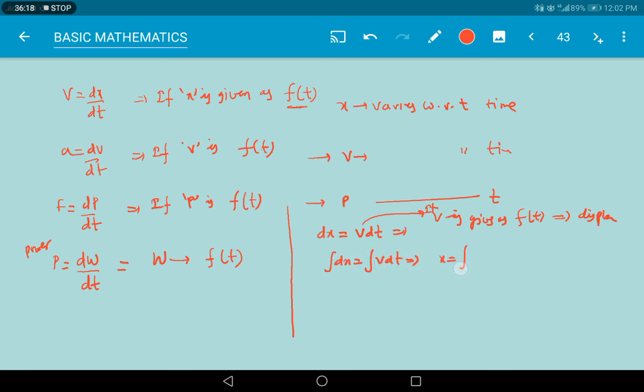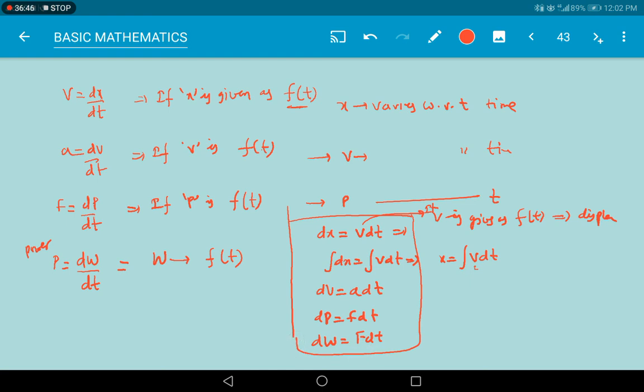So x equals integration v dt, where v is nothing but a function of time. I discussed this already with one example. Next, in the same way, dv equals a dt, dp equals f dt, dw equals f dt. So these are some examples where we are using derivatives and integration.